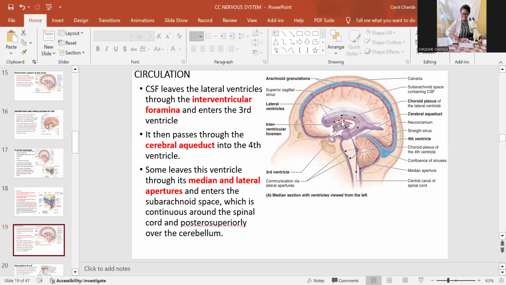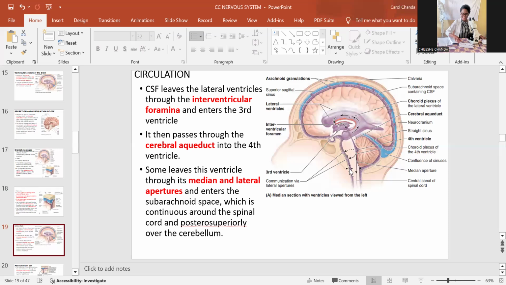So here in the choroid plexus, we have arteries that are bringing oxygen and nutrients. And once the cerebrospinal fluid is produced, it contains the nutrients, it contains the oxygen, okay?